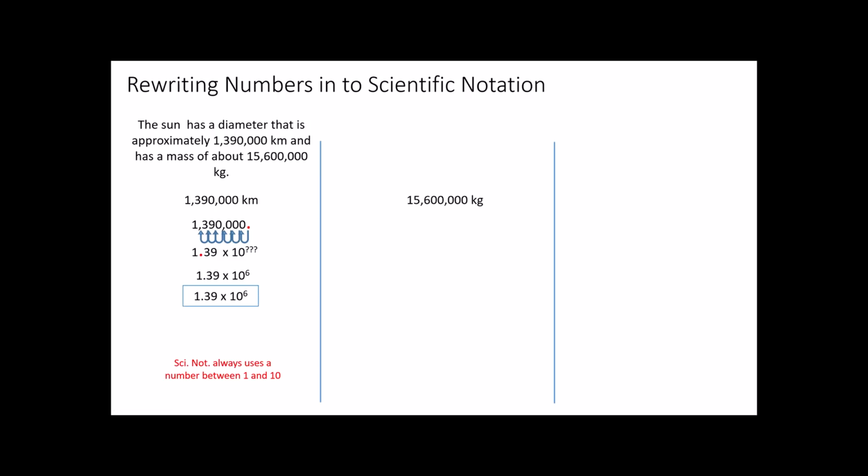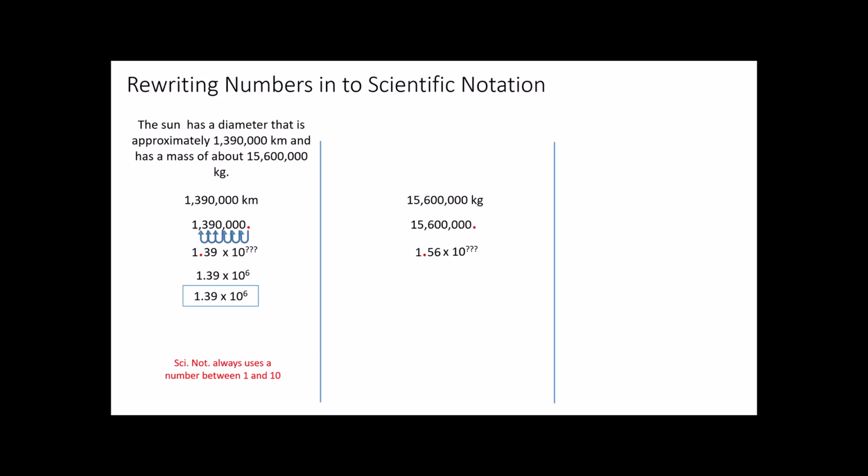Let's look at the mass, 15,600,000 kilograms. Right now, the decimal's all the way here at the end. If I want this to be in scientific notation, it has to be written as a number between 1 and 10. So I want the decimal to be between the 1 and the 5. In order for me to make these two equal to each other, 15 million is going to be the same as 1.56 times a bunch of tens.